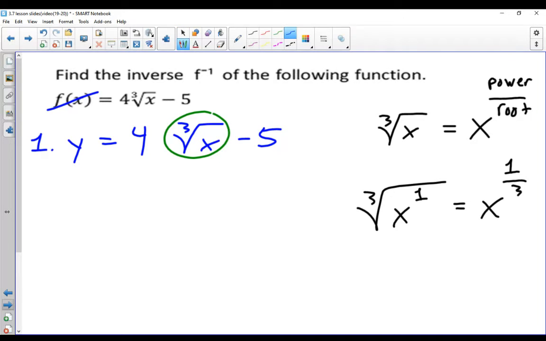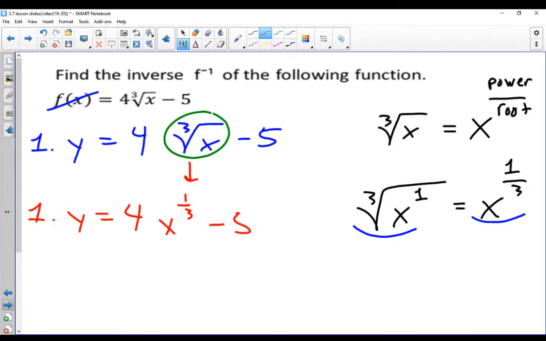So this would be the same thing as x to the 1/3. So I'm just going to go ahead and write that over here. Instead of the cube root of x, I'm going to rewrite that as x to the 1/3 minus 5. So that's what I have so far.